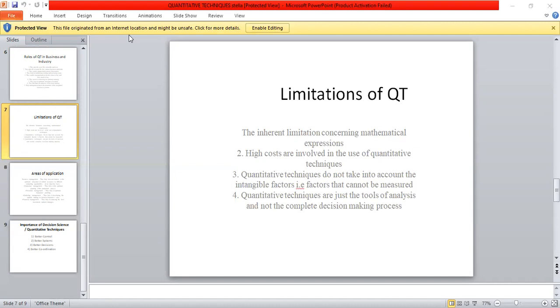And lastly, quantitative techniques are just the tools of analysis and not the complete decision-making process. Yes, we have learned that quantitative techniques have their roles, their importance, and also have limitations or disadvantages. Okay, let's move on.